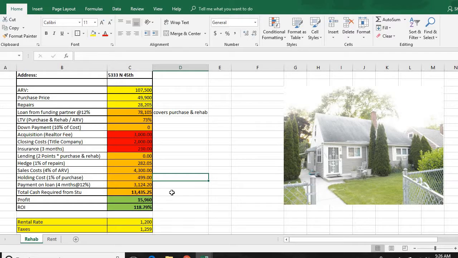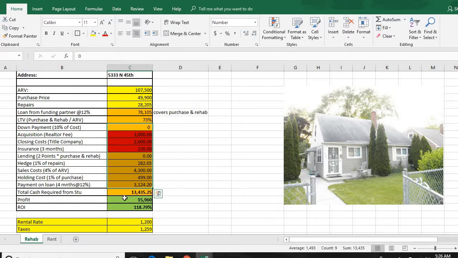So cash required from me on this deal is $13,435, and basically that's all of this cost right here, which would eventually come out of my pocket. Either on the front end, with the cost of insurance and cost of utilities, or on the back end as a part of the sale of the property.